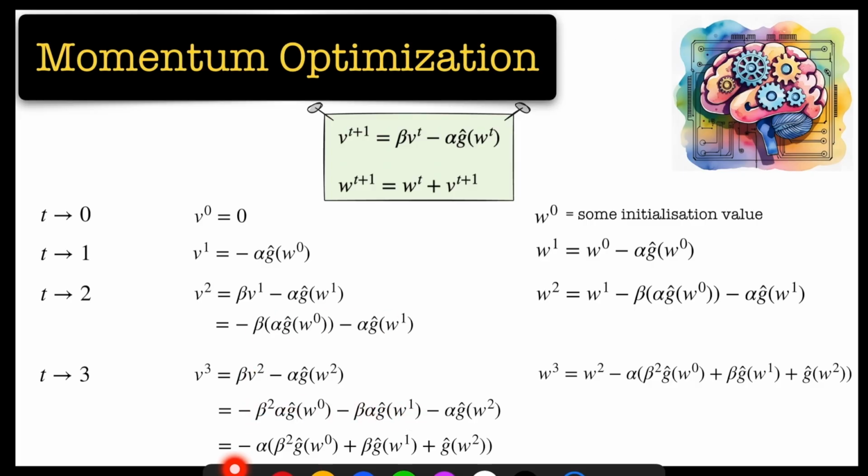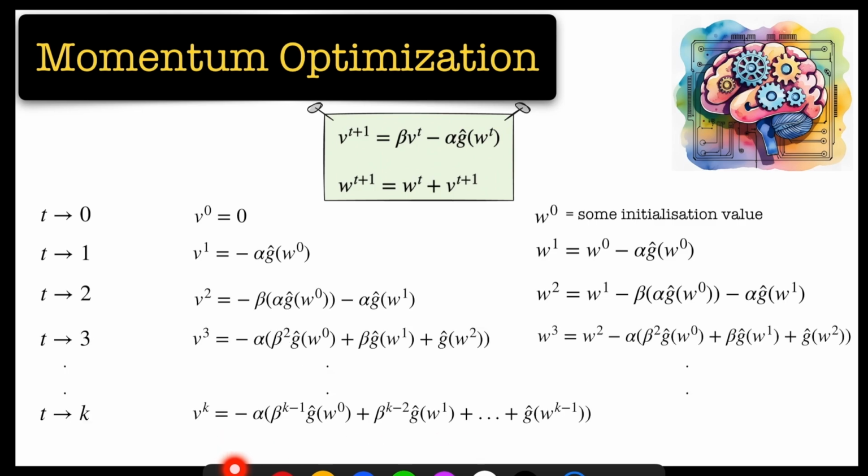Beta times this, we get minus beta square alpha g hat W0 minus beta alpha g hat W1, then minus alpha g hat W2. Alpha is common, so we can take it out. We get minus alpha times beta square g hat W0 plus beta g hat W1 plus g hat W2. Can you see a pattern here?